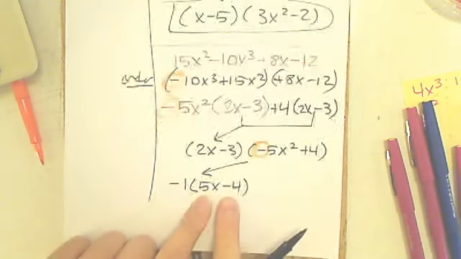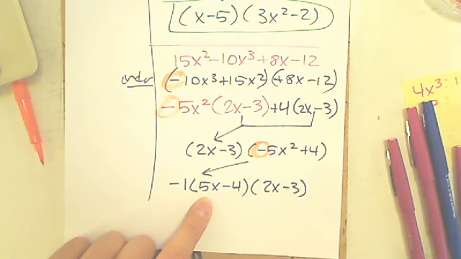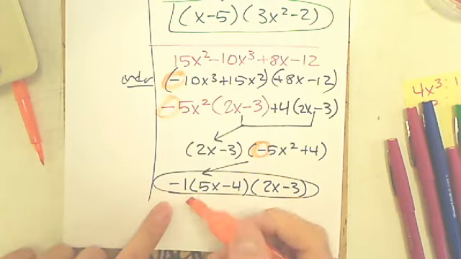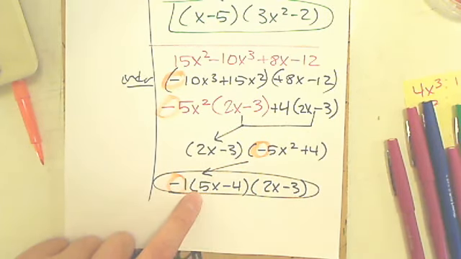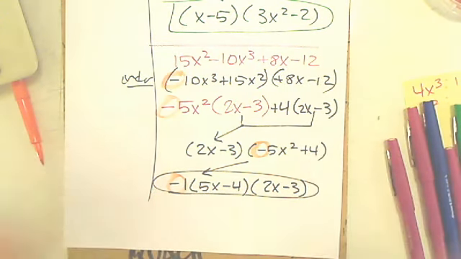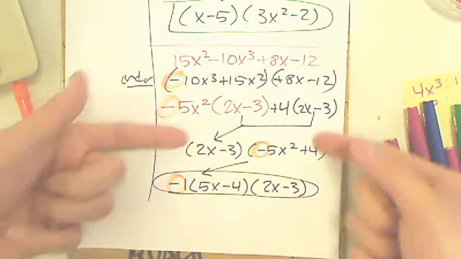Signs are opposite. Do I need to change 2x minus 3? Nope. This is kind of tricky right here. Because I'm reordering this and I'm also taking out a negative to make this a positive, this will be the answer. Now, are both the same? Yes. Sometimes some teachers like this better, some teachers like this better. I'll take both.